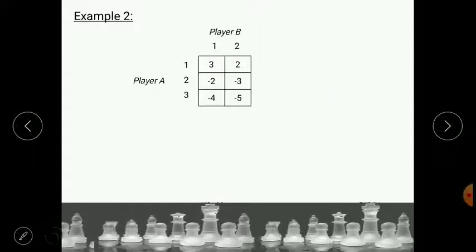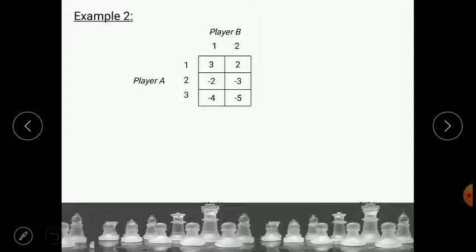Taking another example. Now we have a 3 by 2 matrix, sorry, 3 rows, 2 columns. In this matrix, you can see there are few negative, few positive values. There are two players. Player A's value in the first row first column is 3, first row second column is 2, and so on.